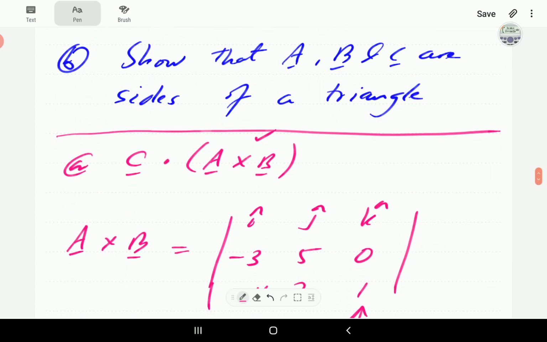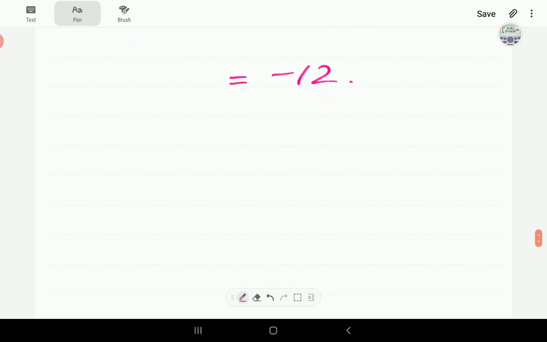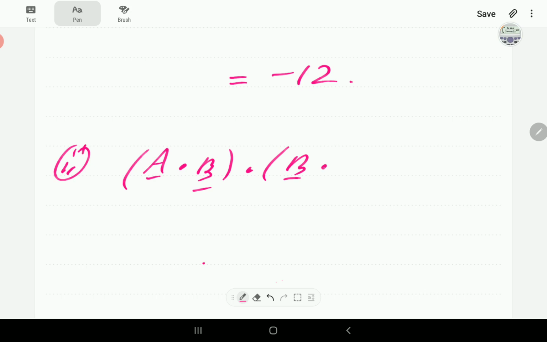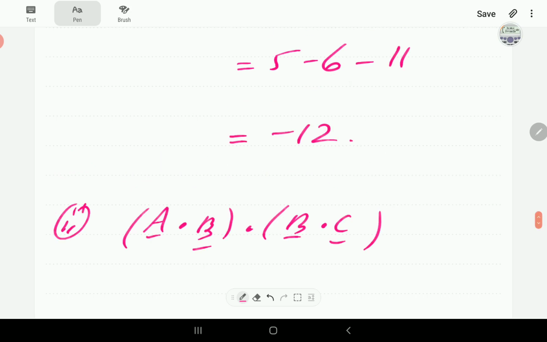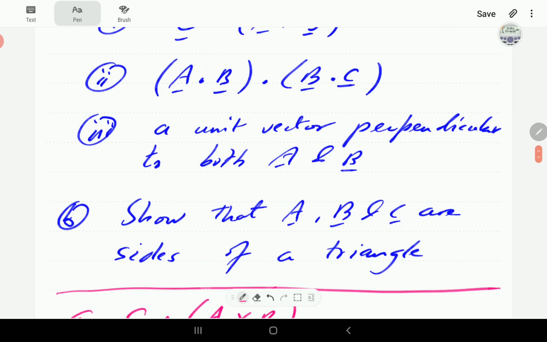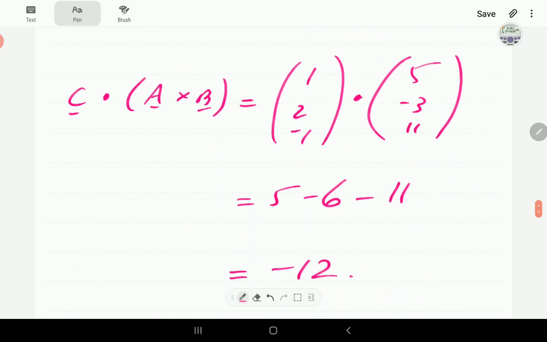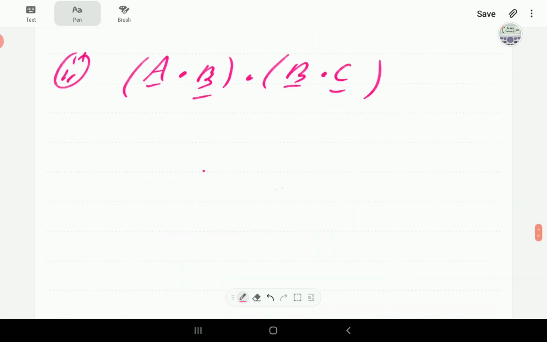Then part 2, we have A dot B dot B dot C. Okay, now look at this.